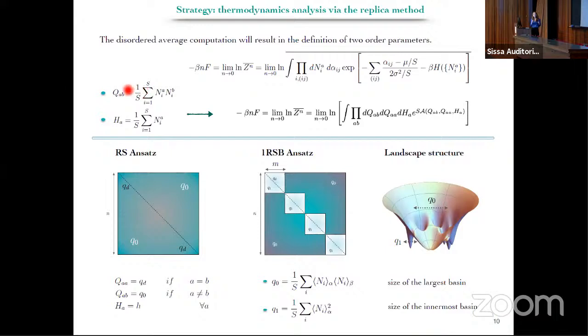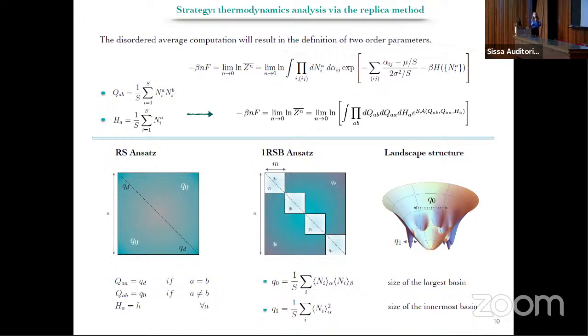It measures the degree of similarity between two configurations in replica a and in replica b. The other is h_a, which in analogy with the physical system corresponds to a sort of average magnetization, and here corresponds to the average abundance. Thanks to the introduction of these two order parameters, we can capture the emerging roughness in the landscape, and we can study in detail the properties of the equilibria in the different phases.